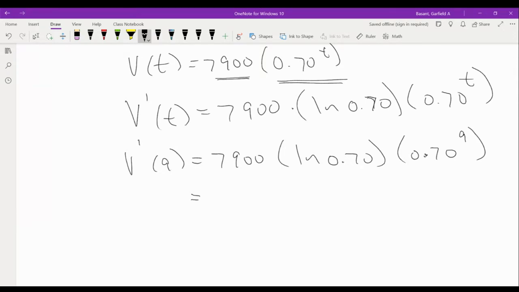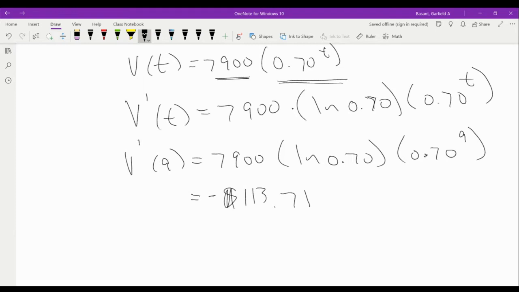What do we get for this? Negative $113.71.